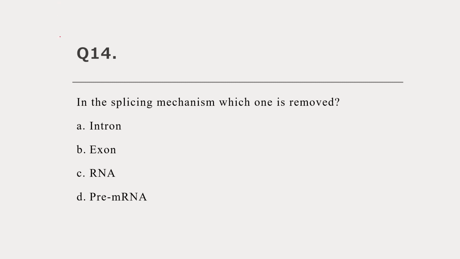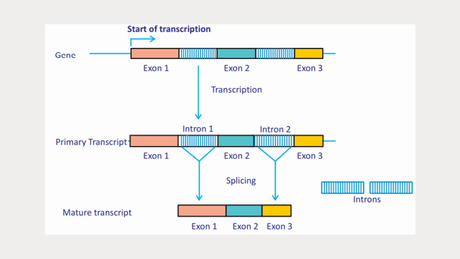Okay. So as you have answered, the answer is intron, right? This is the non-coding sequence. This is a simple, brief explanation of the splicing mechanism. For example, this is your gene which has exon 1, exon 2, exon 3, and these are the intron parts.